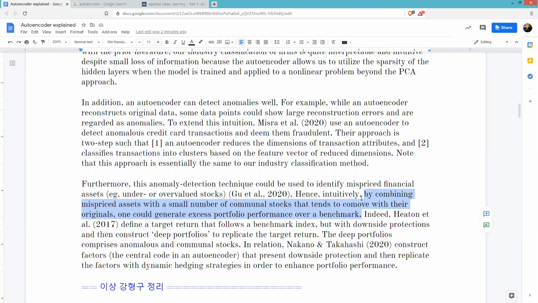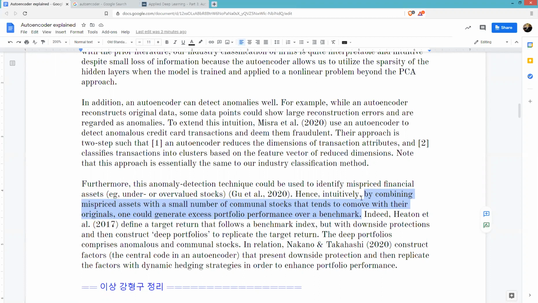So using the communal stocks that tend to move together with others, that average stock, we use communal stocks to replicate the benchmark. And then we use anomalous stock to beat the market. That's the idea. And that is in practice called portable alpha.